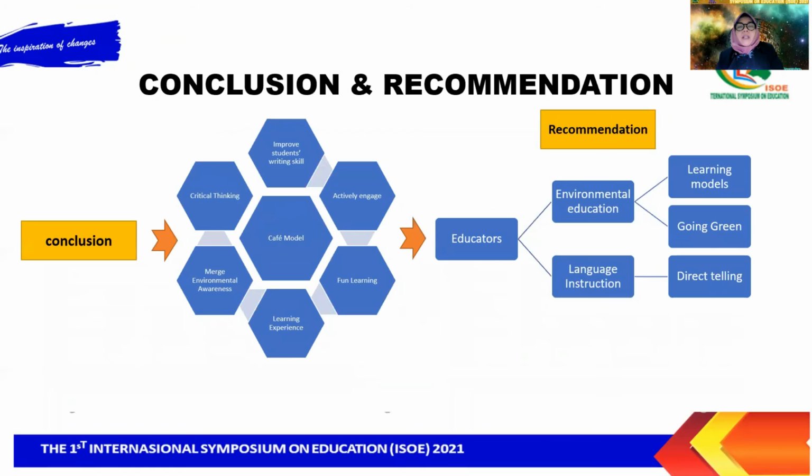Well, ladies and gentlemen, this brings me to the end of my presentation. It can be concluded that, first, the CAFE model can improve students' ability in writing analytical papers, from an average of 62.47 in cycle 1 to 79.12 in cycle 2.